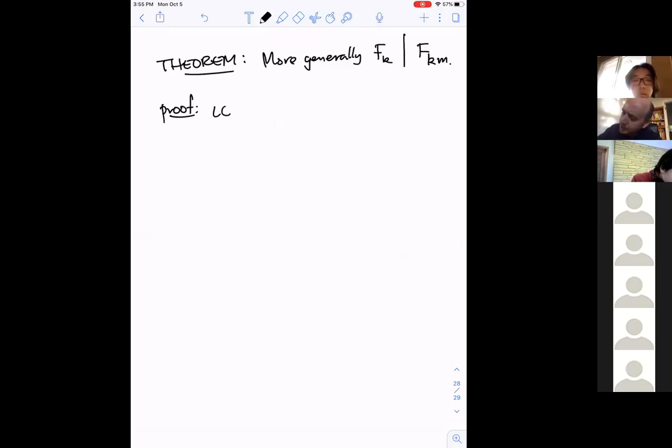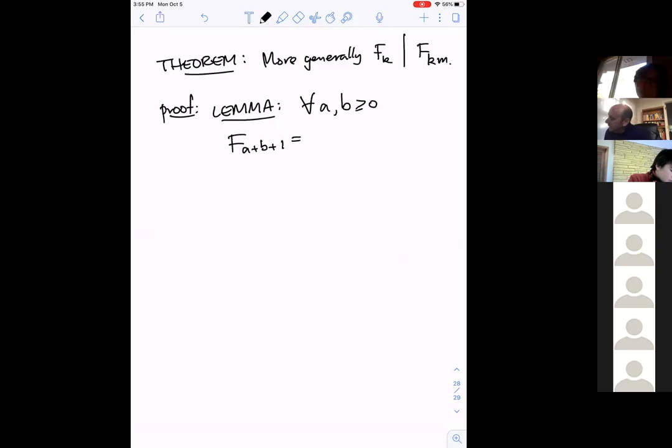I'm going to show you one approach, which uses a lemma, something else that you prove along the way and actually turns out to make it easier. I'm going to show you that for all a, b greater than or equal to 0, here's a recurrence. F of a plus b plus 1 is equal to F a plus 1 times F b plus 1 plus F a, F b.